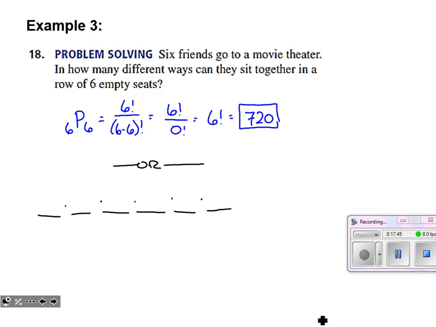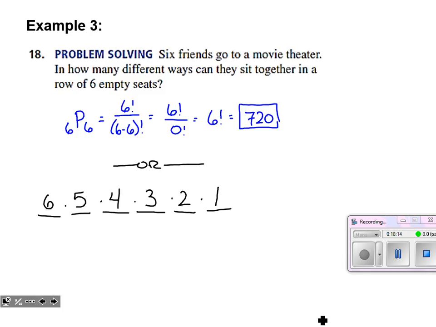The first seat in the row, any of those 6 friends could sit down. They sit down in the seat. After that person is seated, now there are 5 friends that are jockeying for that next seat in the row. That person sits down, and there are 4 friends that could sit in the third seat. They sit down, and there are 3 friends left for that seat. They sit down, then there are 2 more friends for that seat, and then finally the last friend is stuck with the last seat.